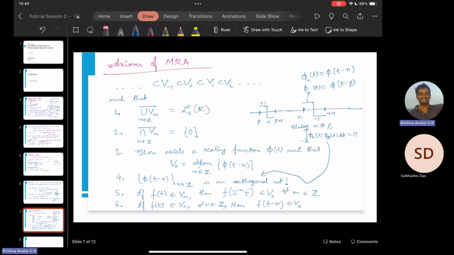So in a sense, that's the reason if f(t) is an element of Vm, then f of 2 to the power minus m t is an element of V0, for all m an element of the integer space.